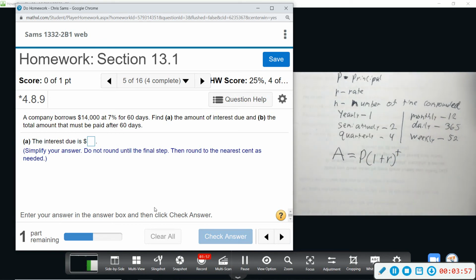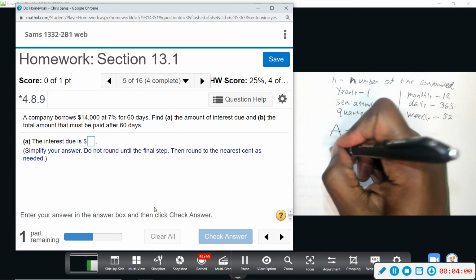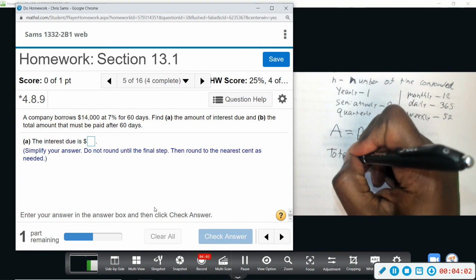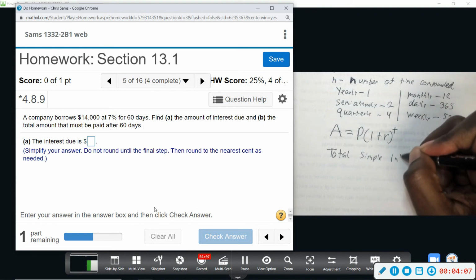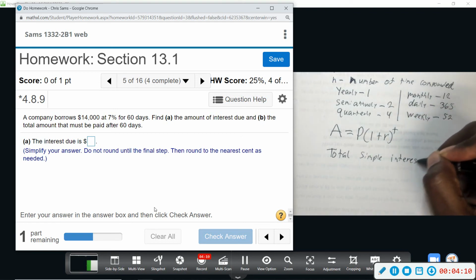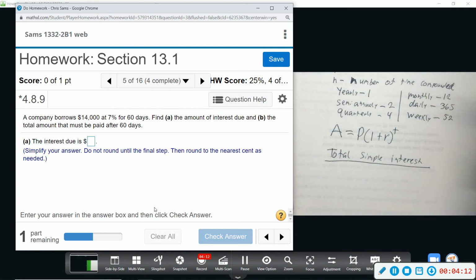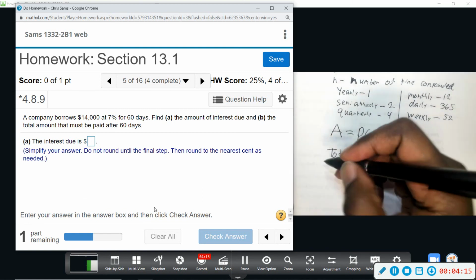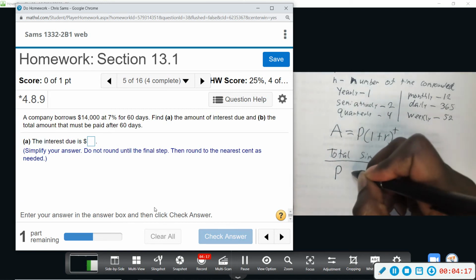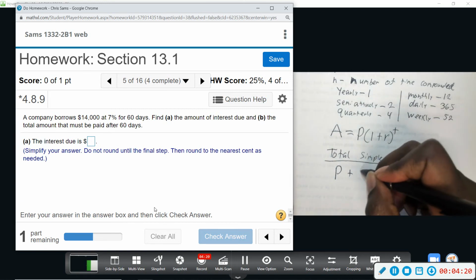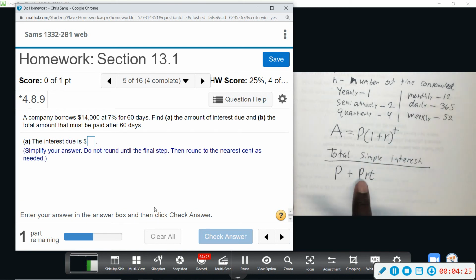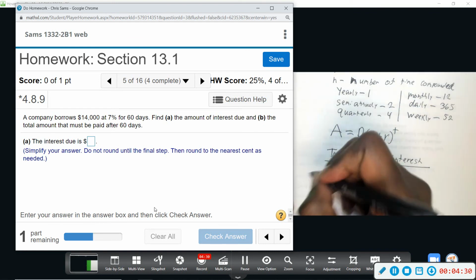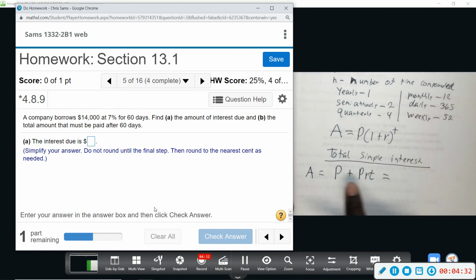So when we want to find the total with simple interest, it is the principal added to the interest, and the interest is equal to PRT. A simplification of this is we factor out the P. So it's the principal plus the simple interest.